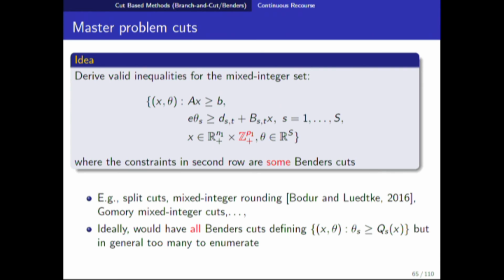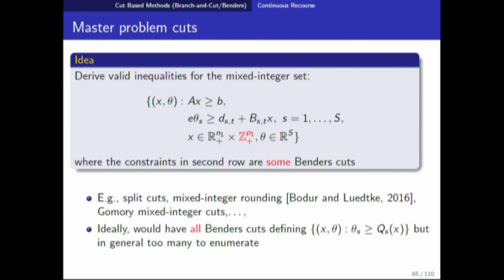And so what I can do is try to generate valid inequalities using whatever integer programming technology I have at my disposal for that set. Okay? For example, I mentioned split cuts was the example I showed you guys. And then there's mixed integer rounding cuts. And by the way, we have a paper where we specifically did that in stochastic programming, and it can work well.